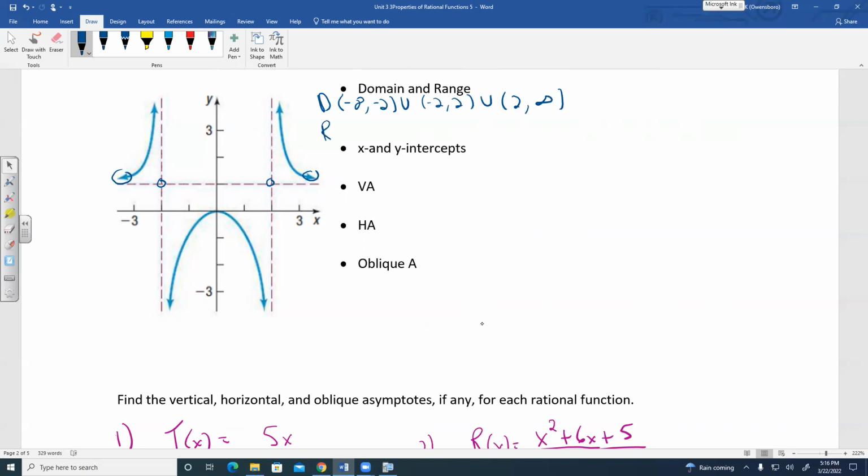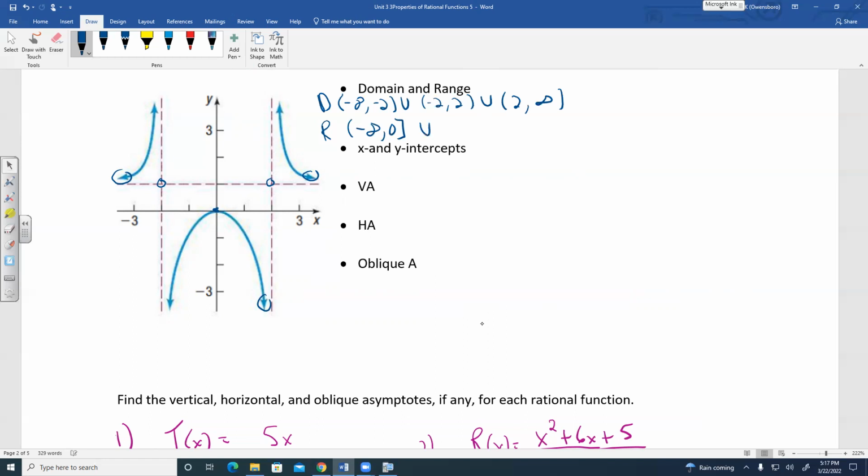The range, we look down low to high. Notice that for the range, I have a lower bound of an arrow, but notice how it does touch there, it does touch 0. So one of the intervals is going to be from -infinity to 0, and you would include 0 there.